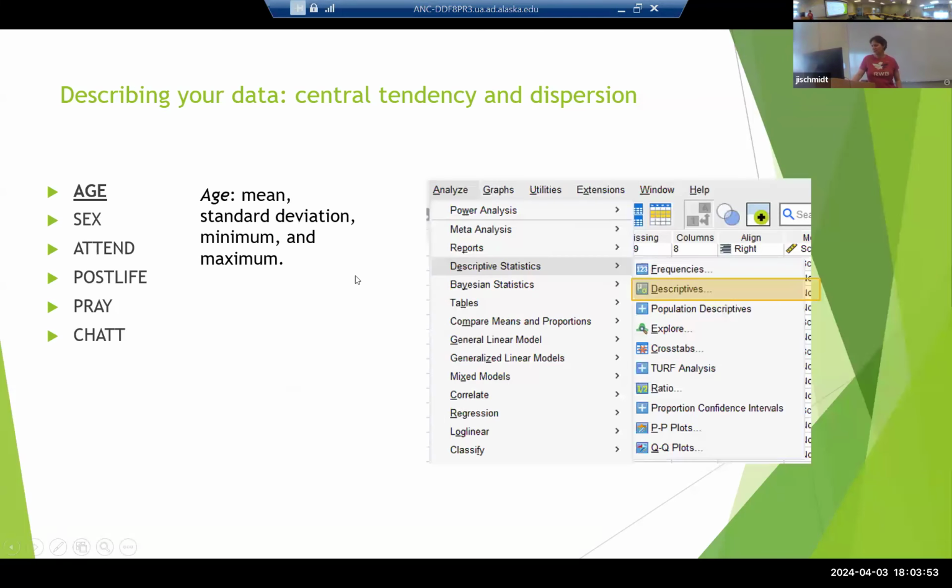And it's frequency statistics. So age, I want you guys to tell me what is the median age within our data set. So what is the mean age in our data set?